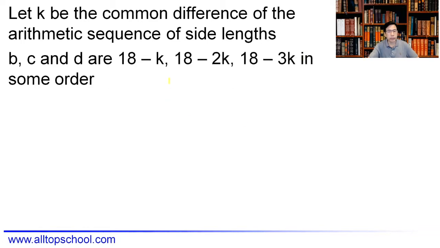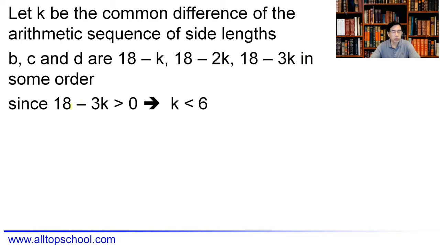B, C, and D become 18 minus K, which is certainly the longest among the three sides, then 18 minus 2K, 18 minus 3K, from the longest to the shortest in this order. We don't know which one is the longest or shortest, but certainly they are in some order. They can be in different arrangements.